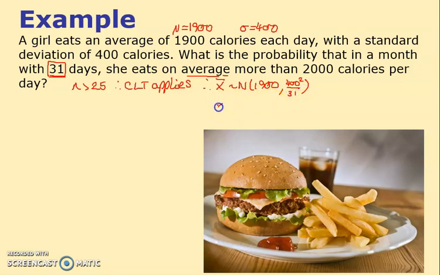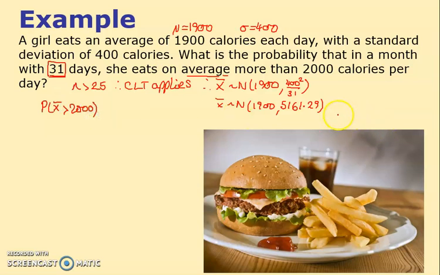I've just done it on my calculator, that is x bar is normally distributed 1900, comma, and it seems a very big number, but of course I've got to square root it in order to get the standard deviation, 5161.